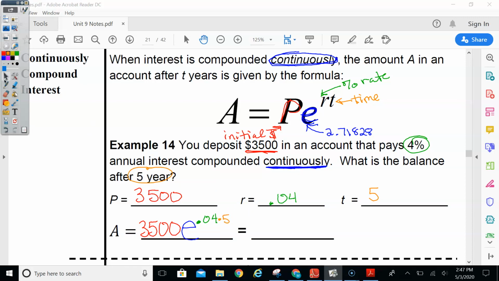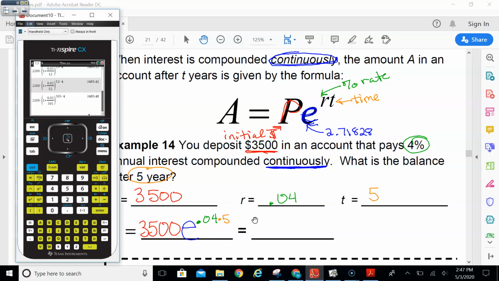And again, we're still dealing with money, so we're still going to round to the nearest cent. So here we do 3,500. And then E is this e to the x right here. You can use this one and plug in, so it automatically gives you the exponent, which is 0.04 times 5. So you can multiply those together in the exponent.